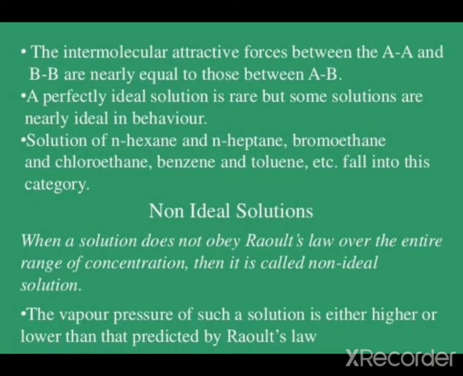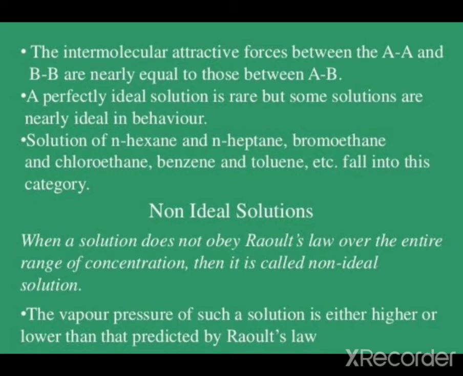Ideal solutions are rare. Therefore, most of the solutions are non-ideal solutions. Now, what is meant by a non-ideal solution? A solution which does not obey Raoult's law over the entire range of concentration is called a non-ideal solution.